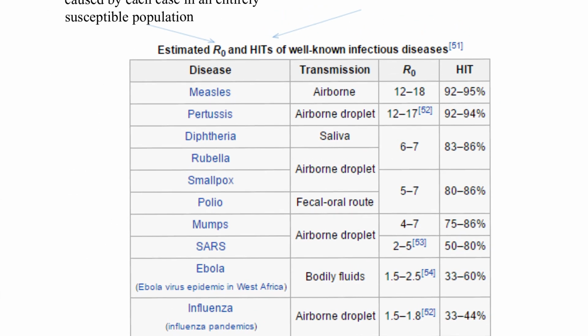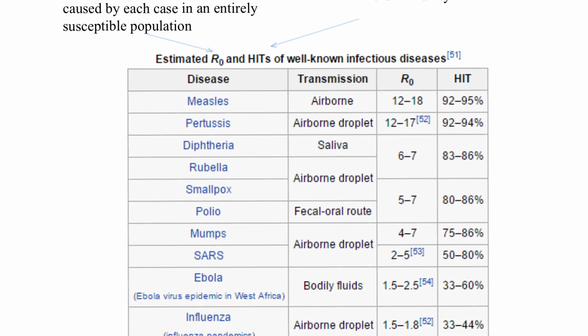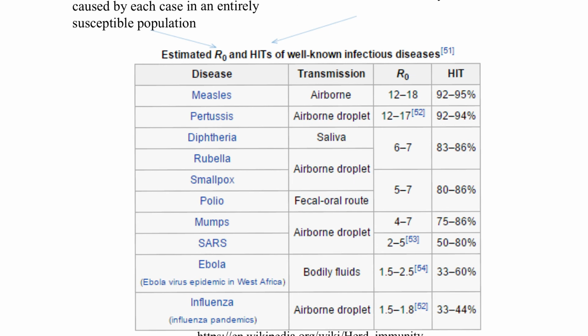So let's just quickly look, just out of interest, at a couple of diseases and what proportion of the population needs to be vaccinated to develop herd immunity. This is the herd immunity threshold. We talked about measles already, but let's have a look at something like mumps. Mumps is airborne, and you need to vaccinate between 75 and 86% of the population for the vaccination program to really be successful.